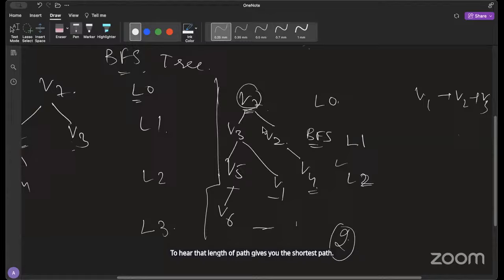For V1, your shortest path will be 2. You can directly see it from here, provided you're starting your search from V7. The shortest path between V7 and V1 in this case will be 2. Is that okay? That's one of the applications of BFS tree.